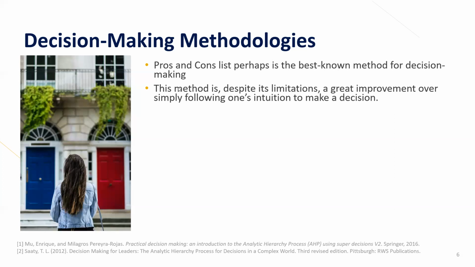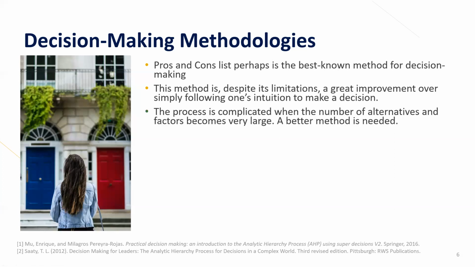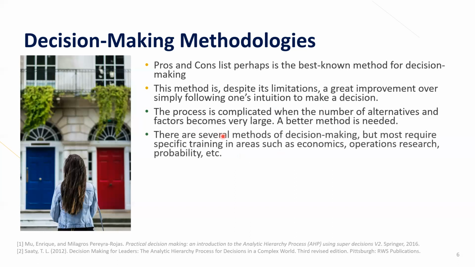However, this method, as you can see here, has limitations and can be improved. It really depends on the intuition of the decision maker, because when people make their pros and cons list, it can be very subjective, so a lot of flaws might happen there.